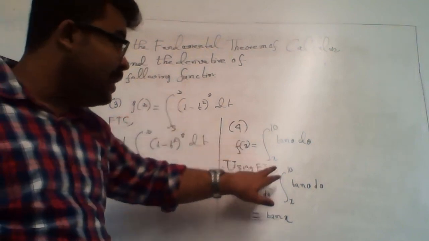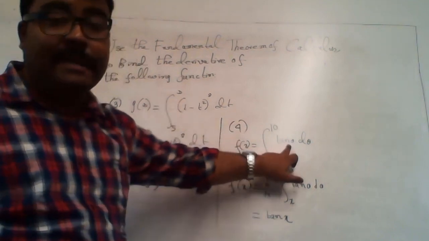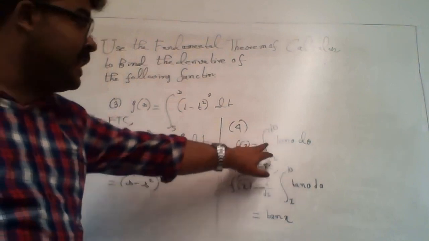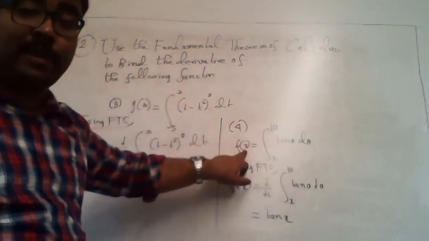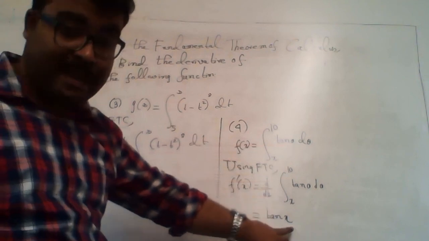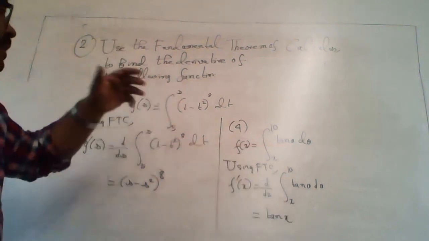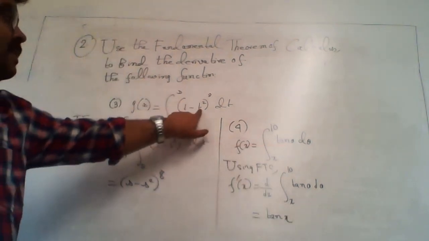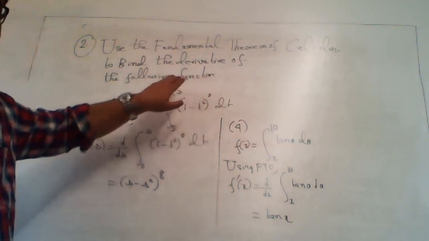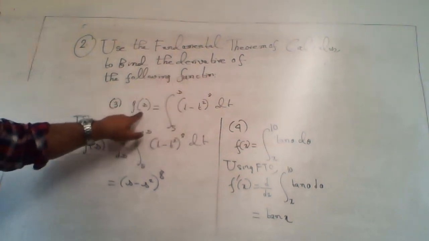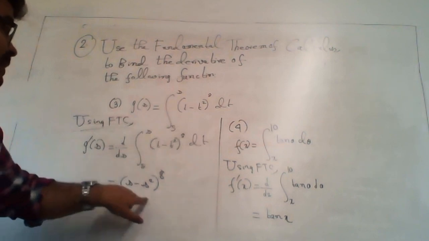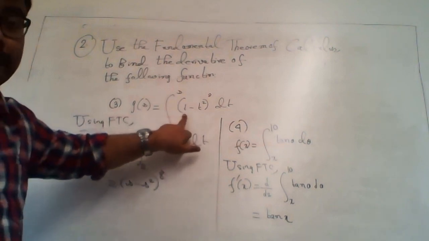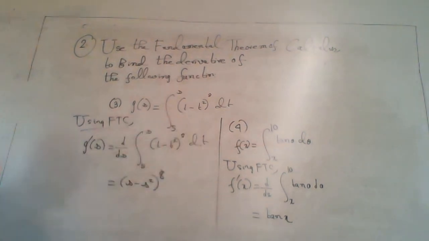Here I had tan theta inside and the variable of my original function was x, so my answer was tan x. Here I had (t minus t squared) to the power 8 inside and the variable of my original function was s, so I had (s minus s squared) to the power 8. I have just replaced this t by s. That's how you do all the problems.